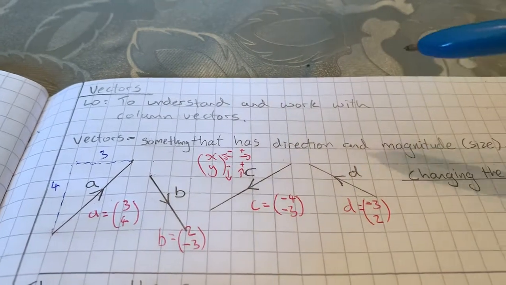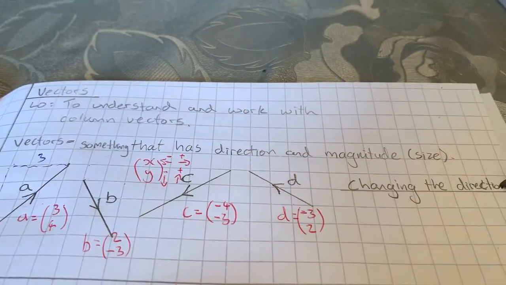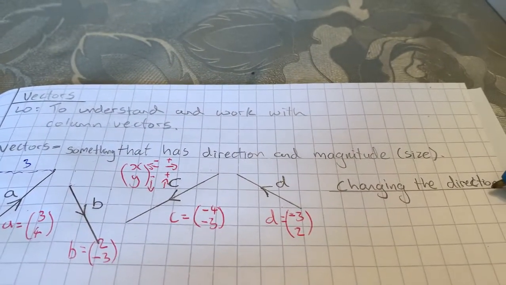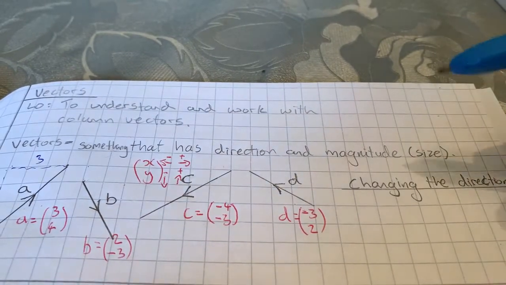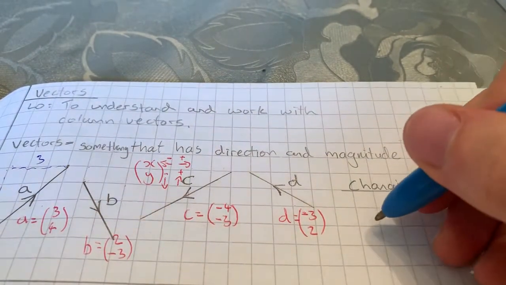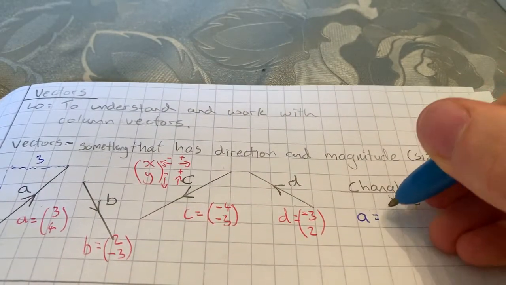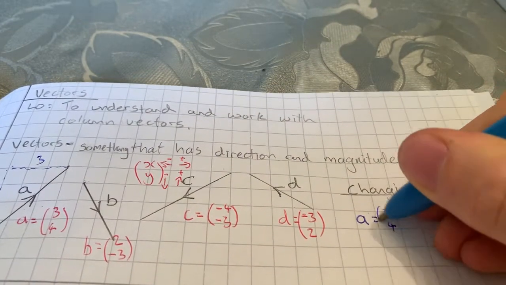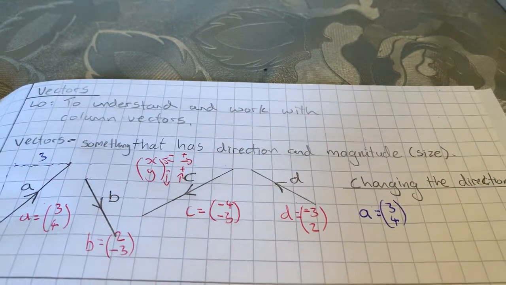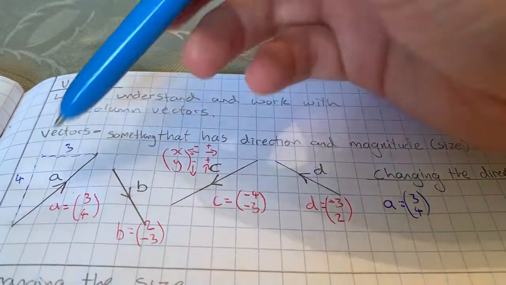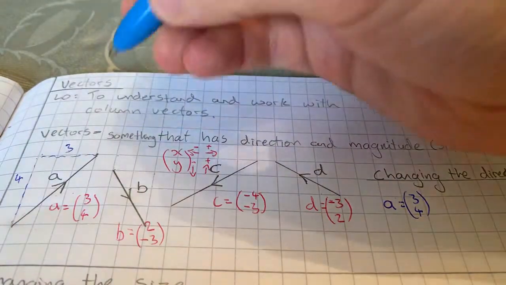Okay, but regarding the direction, you can change the direction of a vector. So changing the direction. If we take A, for example, let's take that A again, and that is currently 4, 3. I want to change that direction from going this way to the other way.